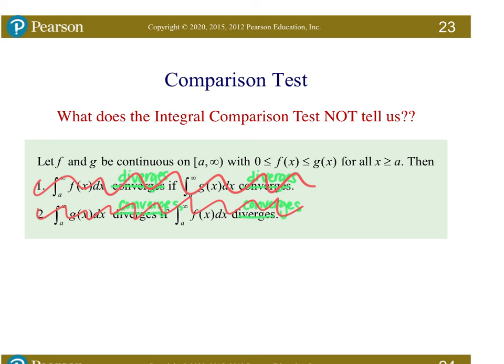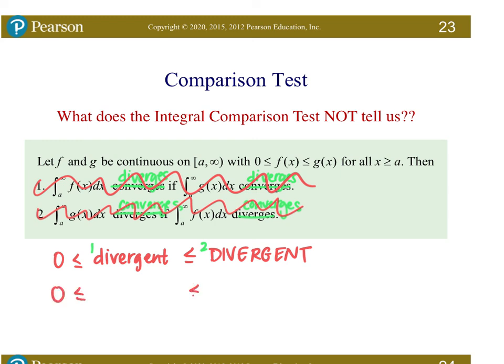All right, so let's look at how that goes. What can we tell? If the smaller one is divergent, then it will guarantee that the larger one will be divergent as well. Okay, it has to go in that order. This has to be number 1. The conclusion would be number 2.